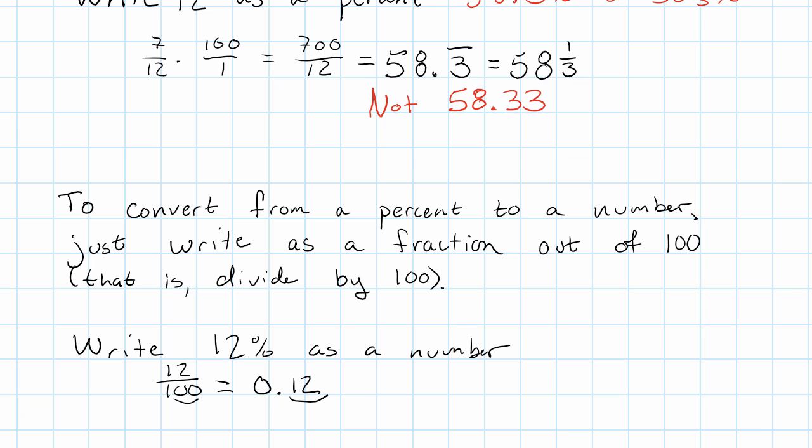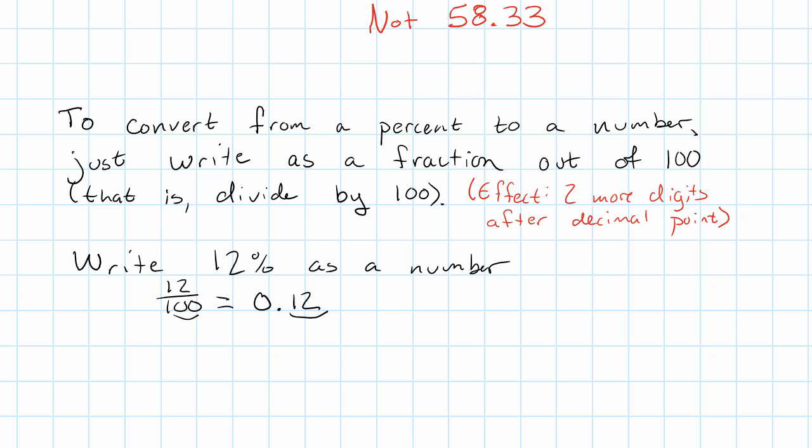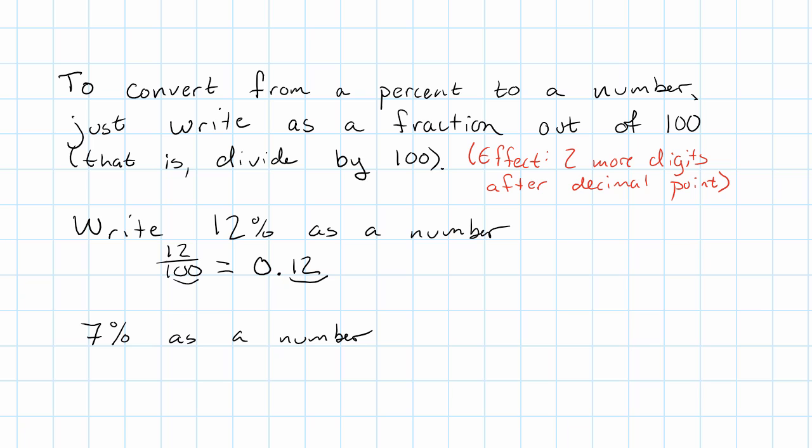The effect that this has in the case of a decimal is that we have 2 more digits after the decimal point. Let's see another example. 7% is just 7 out of 100, which is 2 zeros in the denominator, 2 digits after the decimal point, 0.07.